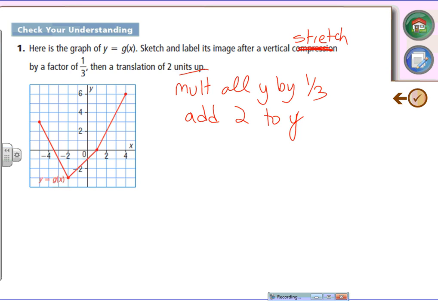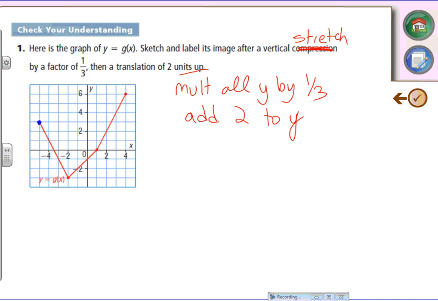So let's start with this point here. It's right now at 3, multiplied by 1/3, I don't know why I'm saying 2, multiplied by 1/3, so 3 becomes 1, and then move it 2 up. Hey, it went back to the same place. That's kind of cool. So because it's in the same place, does that make it invariant?